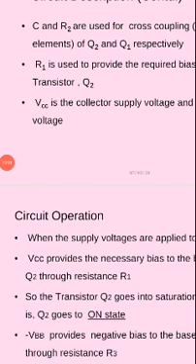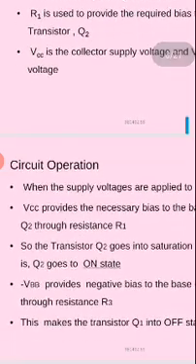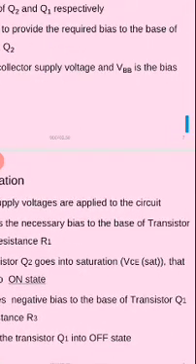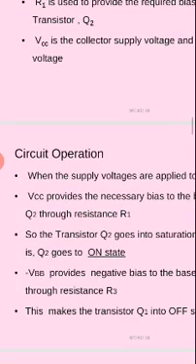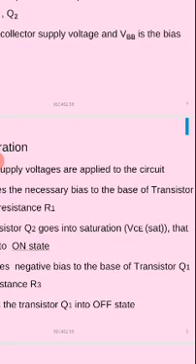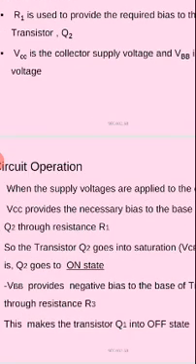Circuit operation. When the supply voltages are applied to the circuit, VCC provides the necessary bias to the base of transistor Q2 through resistance R1.